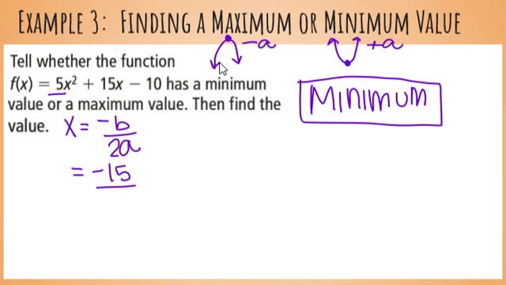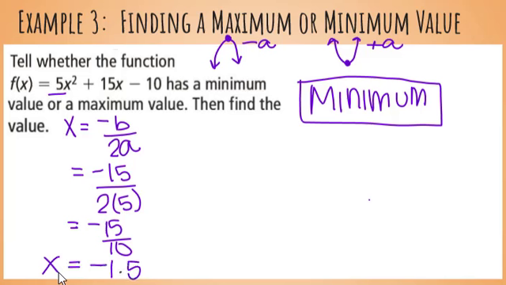So we're going to plug this information in. So I have negative 15 over 2 times 5. So we get negative 15 over 10. So negative 15 over 10 is going to simplify to negative 3 over 2 or negative 1.5. So now the negative 1.5, we need to plug into our original equation.